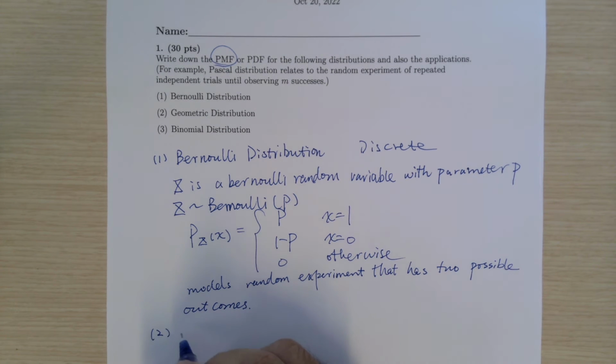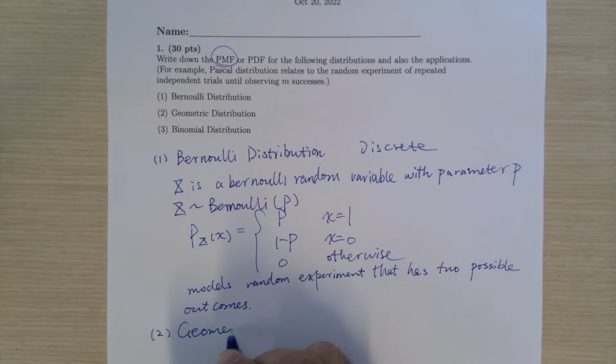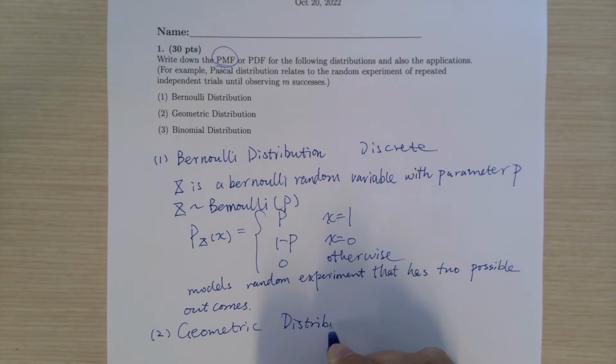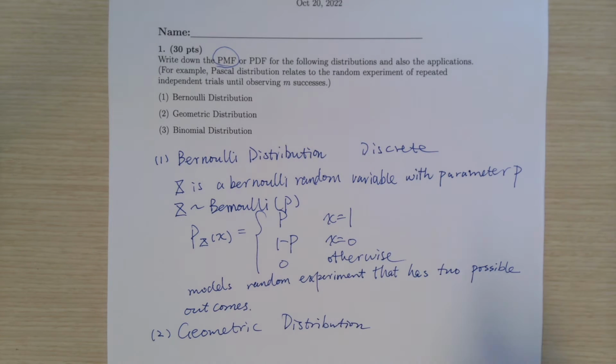Second one, the geometric distribution. Talking about the geometric distribution, this is related to the Bernoulli distribution.